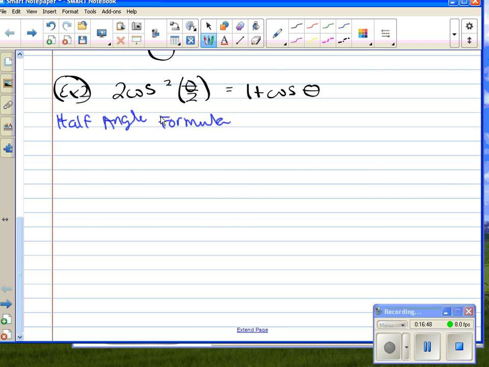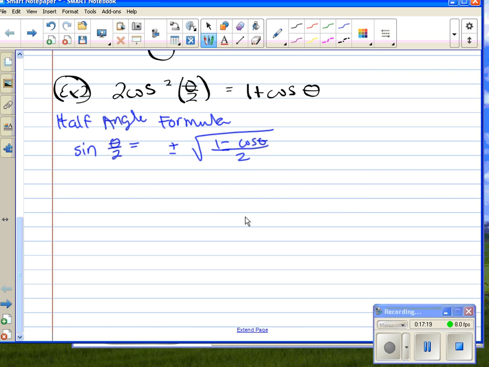First one says that sine of an angle cut in half equals, and these are kind of funky, plus or minus the square root of 1 minus cosine over 2.